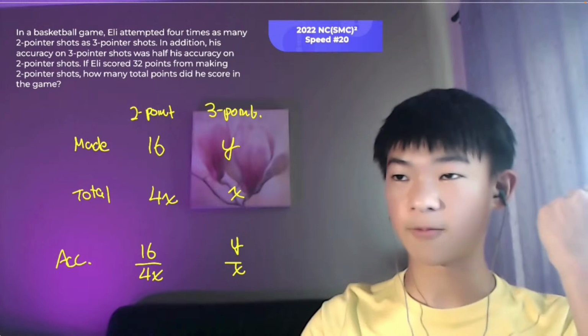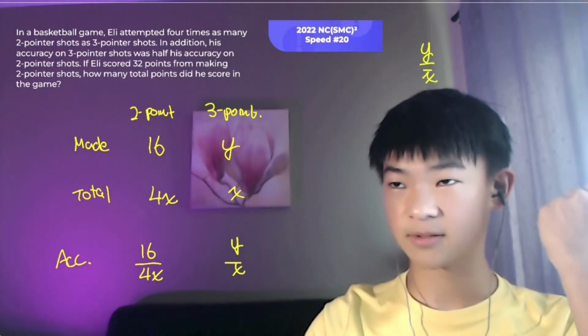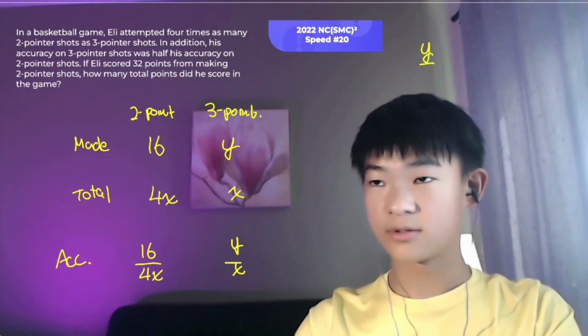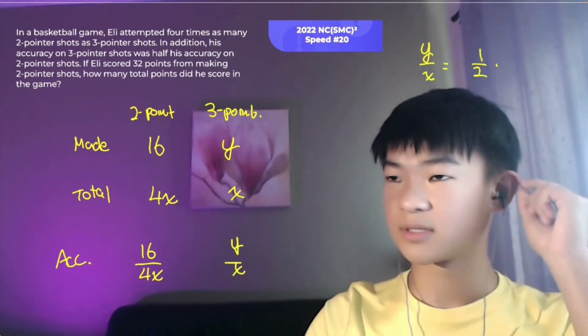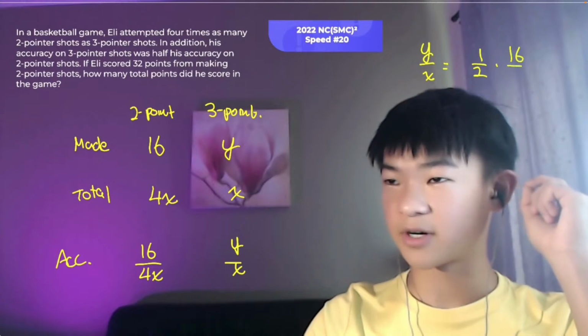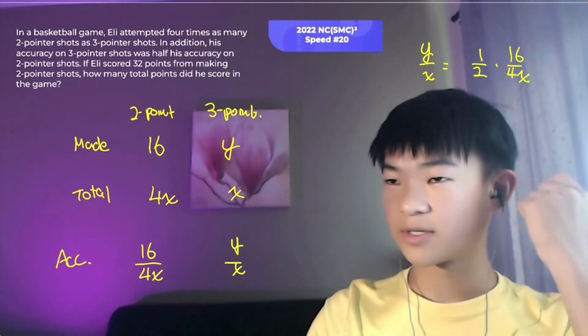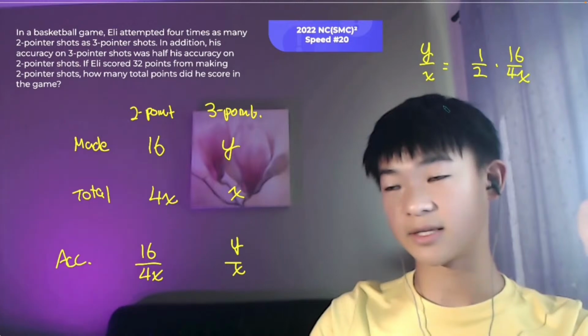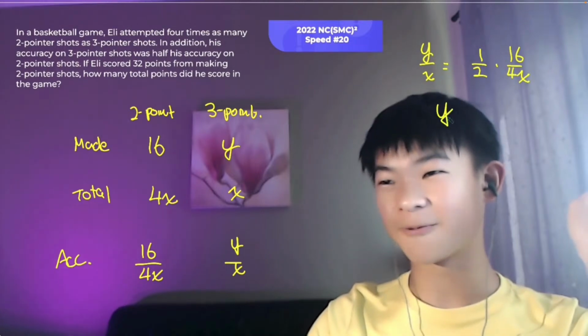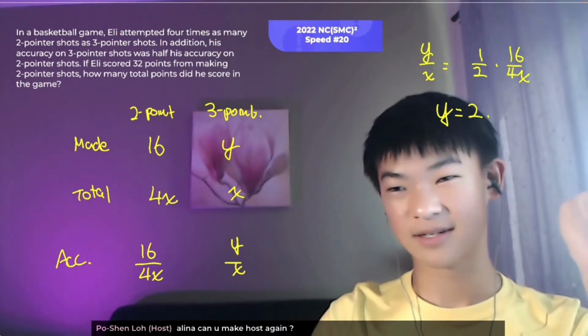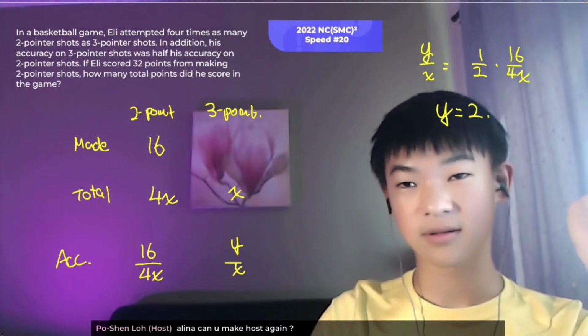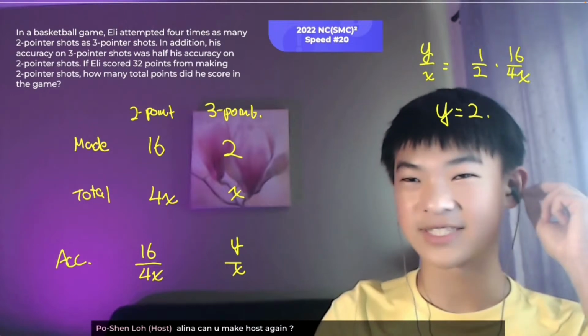So now we have that y over x is just equal to half times 16 over 4x. So we can multiply both sides by x and then cancel some numbers. We get that y is equal to 2. So if we replace y in our chart here, he made 2 3-point shots.